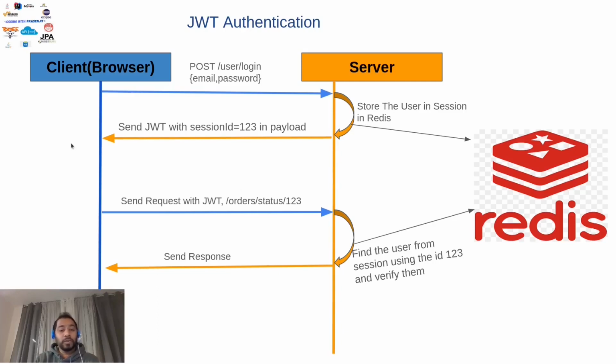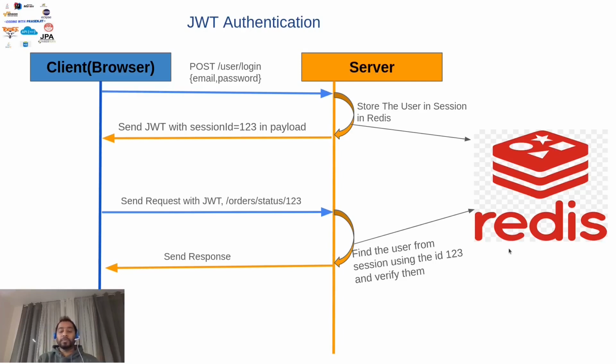So in the next request, the user will send the JWT in the HTTP header, and the server will retrieve it from the header, retrieve the session ID from that JWT, and then search for the session in Redis. Then it will verify the user and respond to the browser. So now if one server goes down, there is no problem, because another server will find the session in Redis.